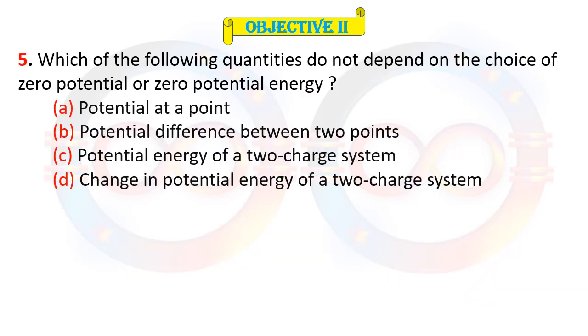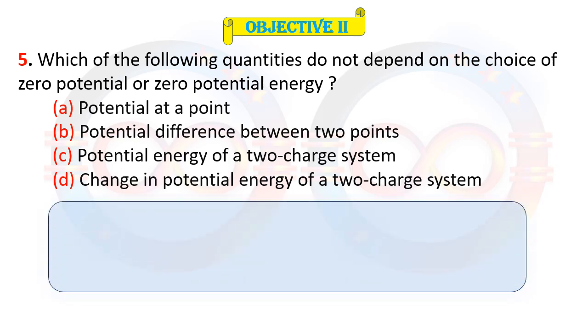Question number 5. Which of the following quantities do not depend on the choice of zero potential or zero potential energy? See, if we think about the potential of a particular charged body, or the potential energy of a particular system, that always depends upon the frame of reference, I mean a point of reference.